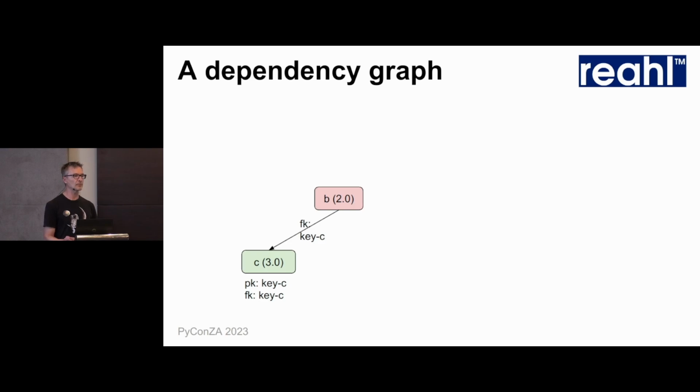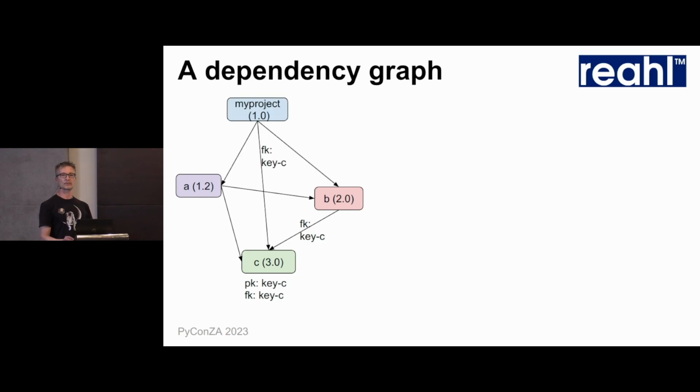So somebody else could come along and say, okay, I want to use your stuff. I'm going to release package B, version 2, and it's got a foreign key to that key C. And let's say there's another package, the details I don't want to go into, and let's say I come along with my package. I depend on all of these things, and I also have a foreign key to that key C.